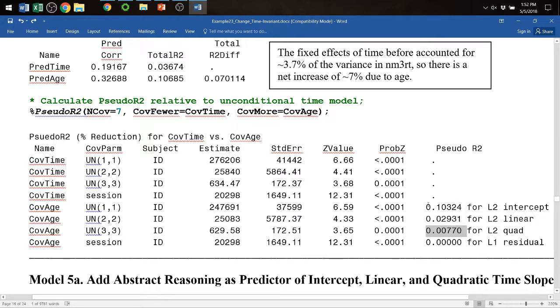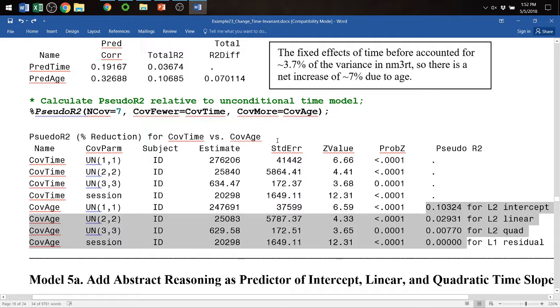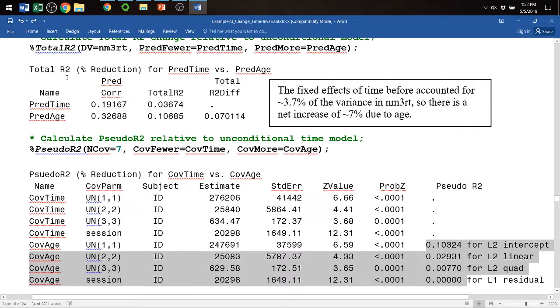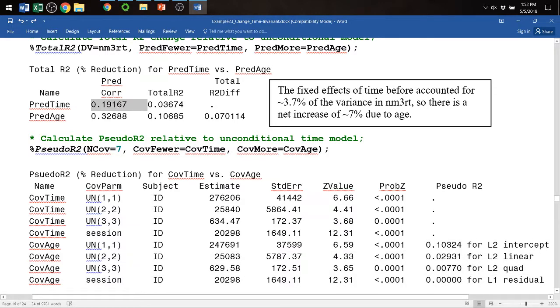And if I want to put all of this information together into one handy number, that's total R-square. So previously, the correlation between the outcome predicted by time alone and the real outcome was 0.19, yielding a squared value of 0.04. After adding age, the correlation between the predicted outcome based on your time and age and the real outcome went up, and I picked up another 7%.